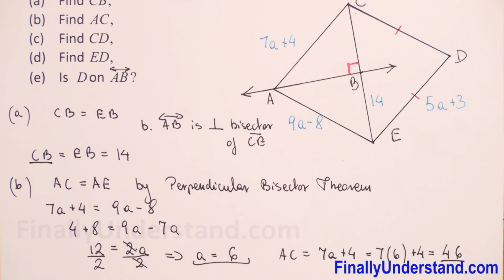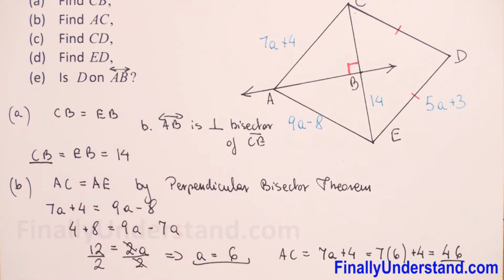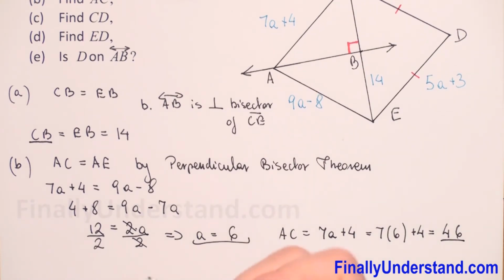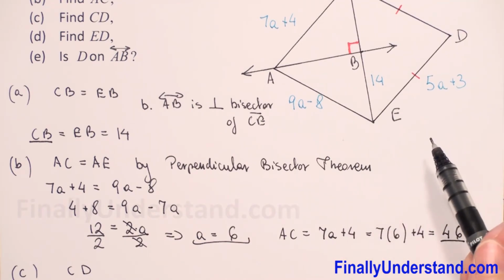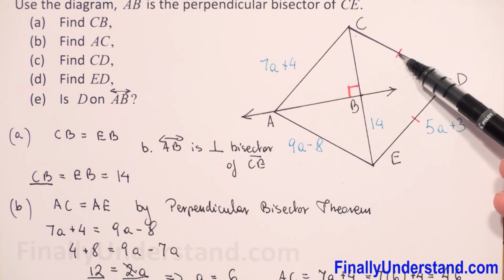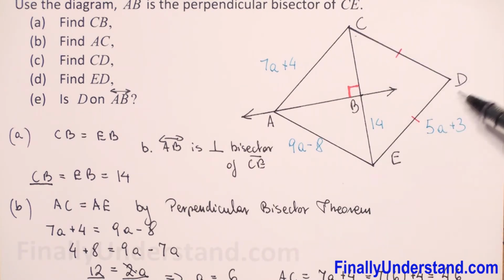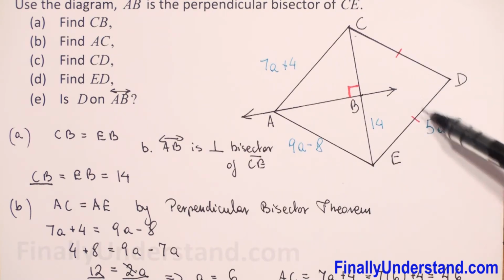The next question we have to find CD. C question, we need to find segment CD, the length of segment CD, and we have this red mark on side CD and ED. It means that these two sides are congruent.